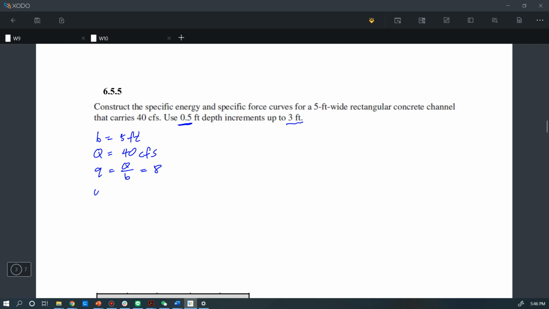And we want the water depth changing from 0.5 to 3 feet. And we want to plot the specific energy curve as well as the specific force curve.